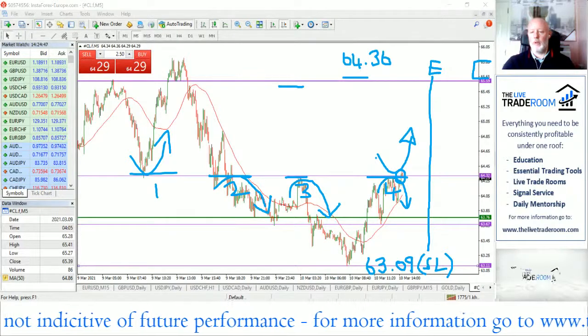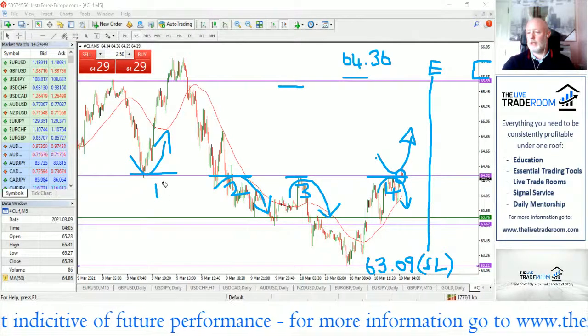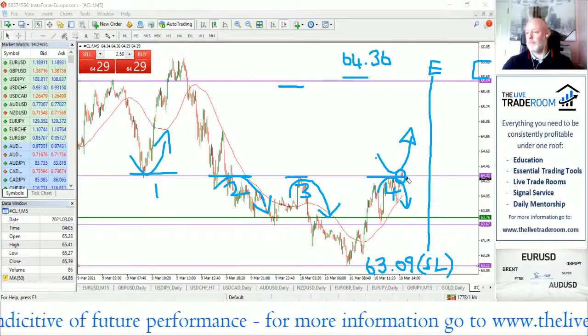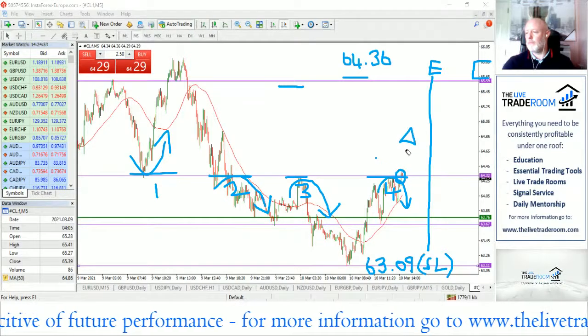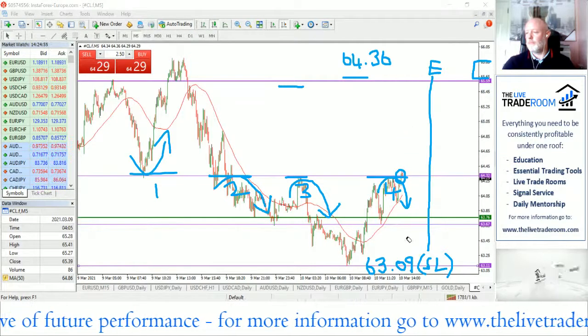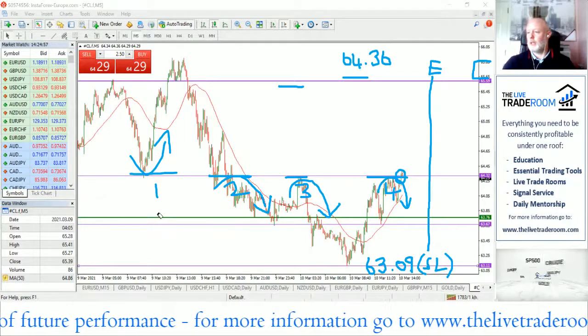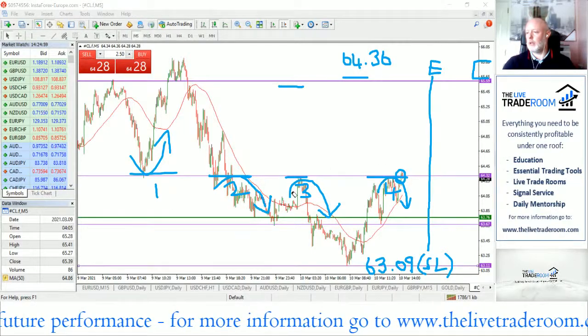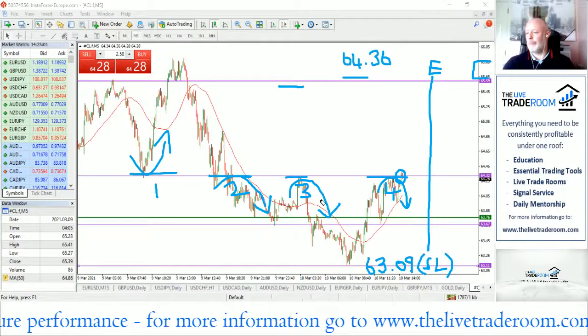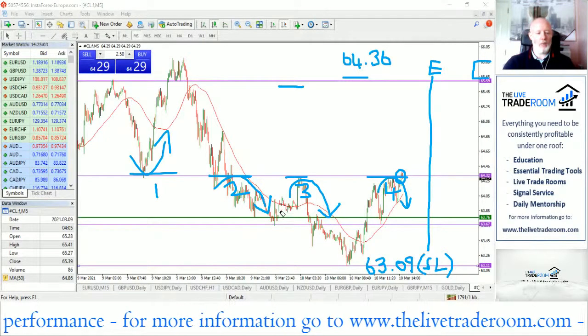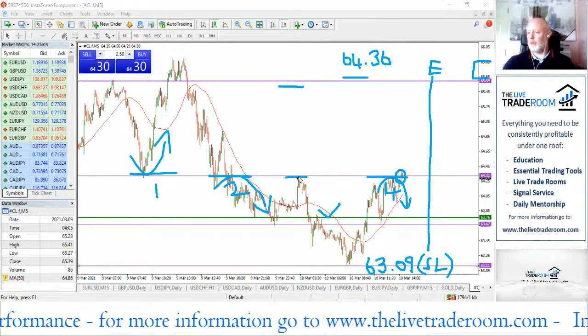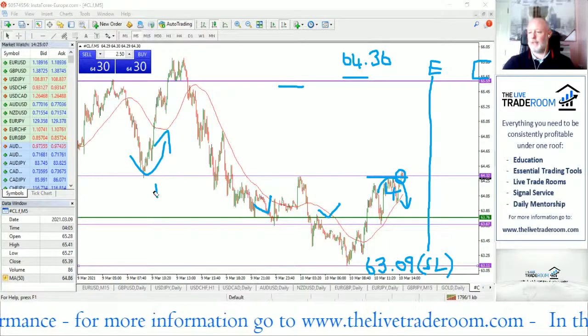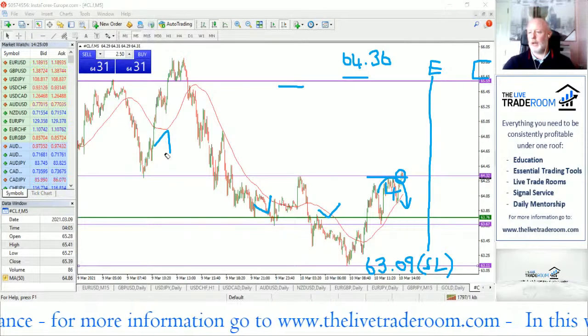So those are our levels. What I'm going to do is, no, I won't. I'll revert back to what I was saying earlier. That just confirms that we are looking at a strong level of support and resistance.